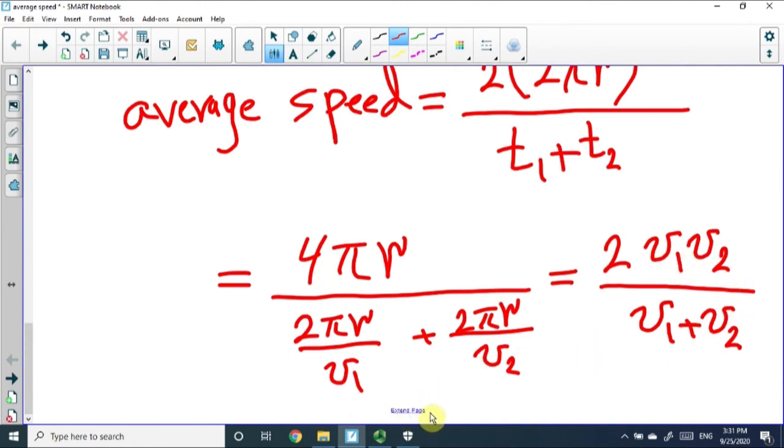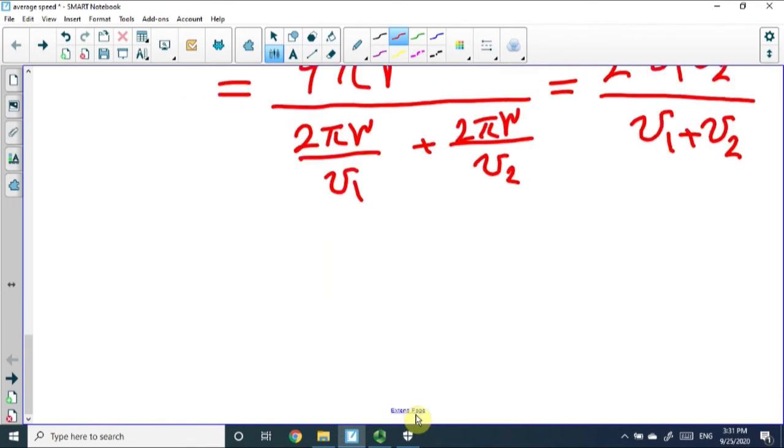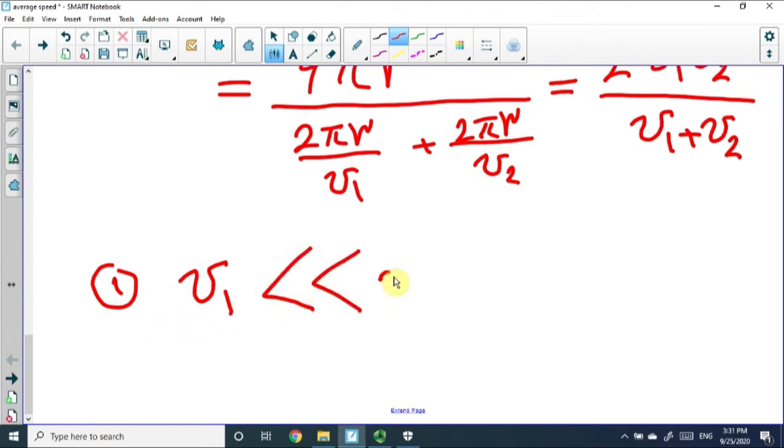So now we already finished solving the problem. Let me just look at the answer again. Try to think: what happens if one of the speeds, v1, is so small that it's much smaller than v2?